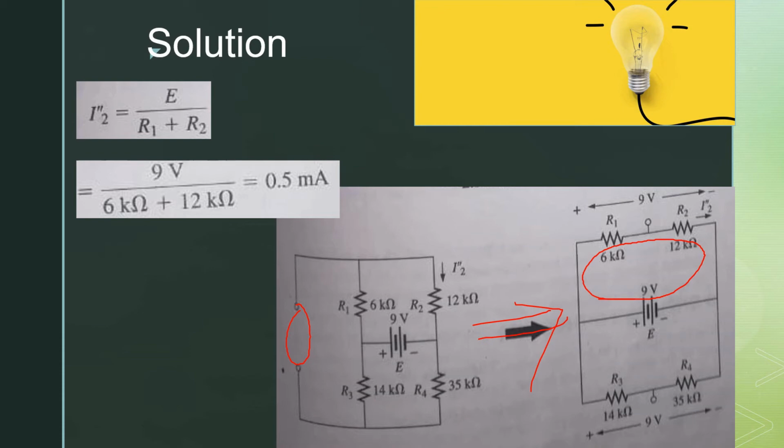So in the series, to find the value of the current, I2 double prime is equal to E divided by the total resistance of that circuit. We are considering this part of the circuit because I2 is flowing in this part of the circuit. Now when we substitute the values of E, R1 and R2, we get the value of I2 double prime, which is equal to 0.5 milliampere.